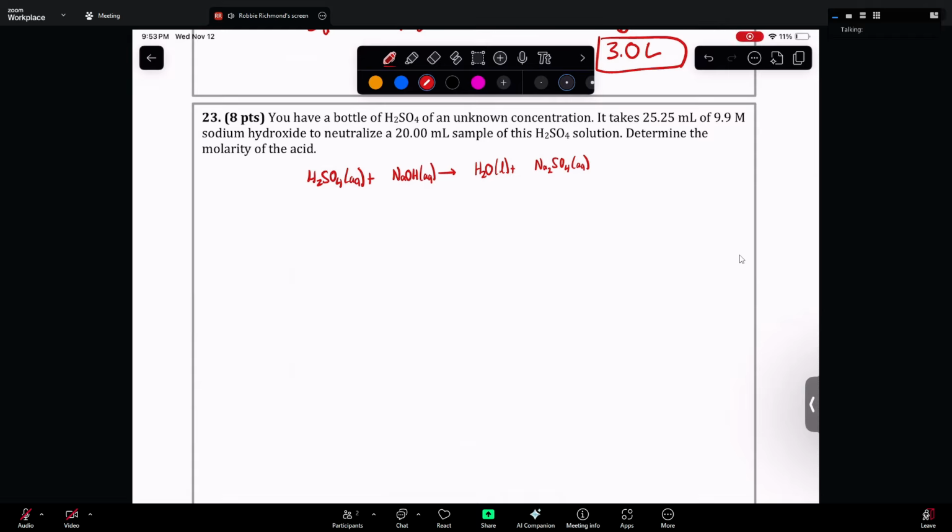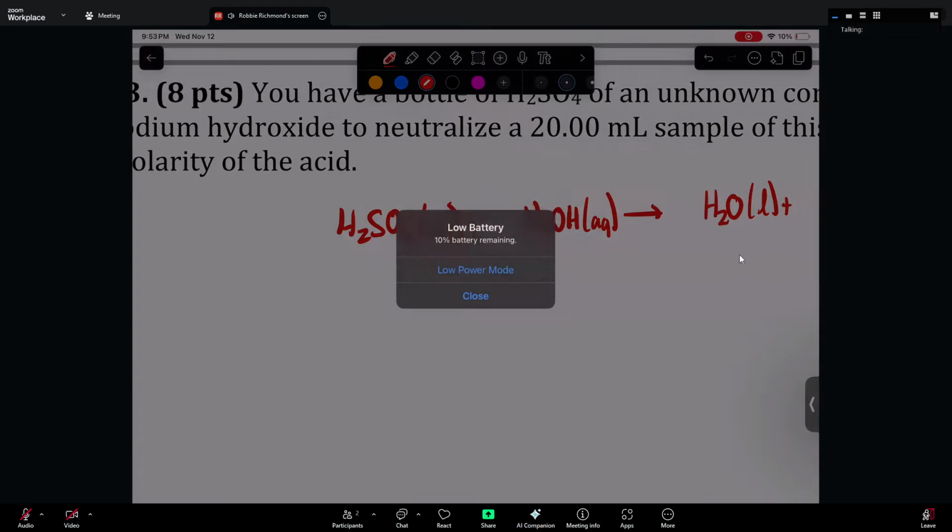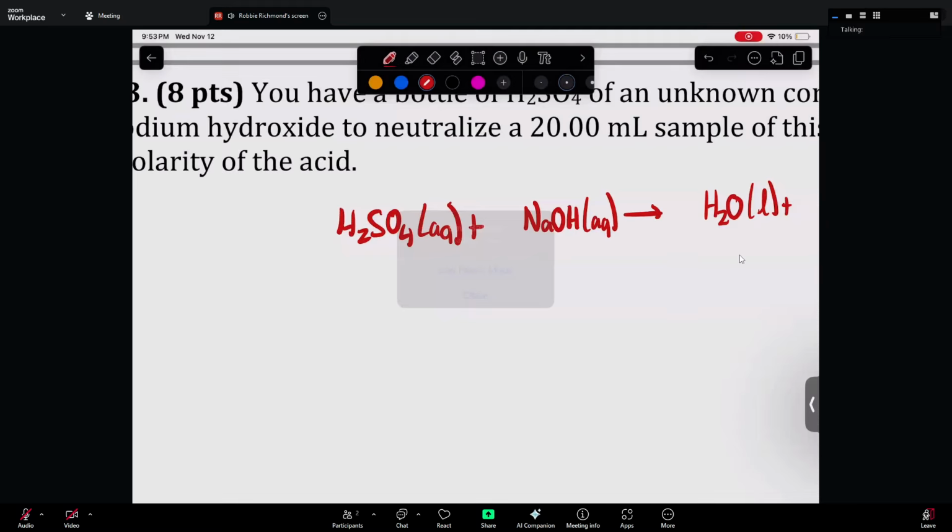And we're just determining the molarity of that acid. So all is to say, this is one of our neutralization reactions. In a neutralization reaction, an equal amount of acid and base react with each other to completely neutralize each other.